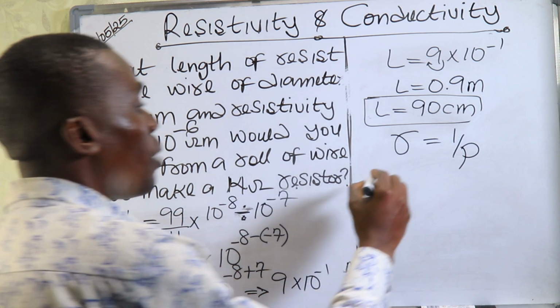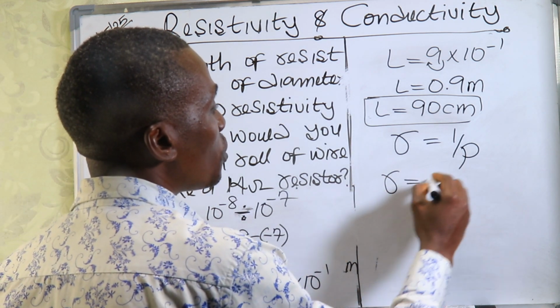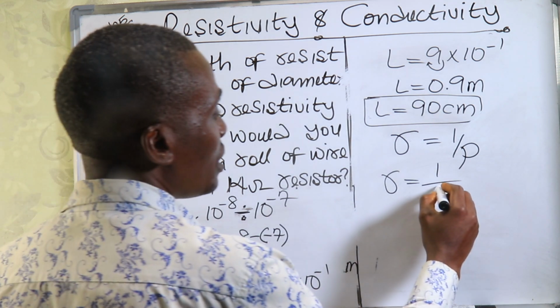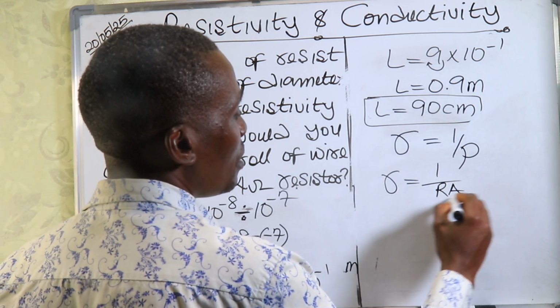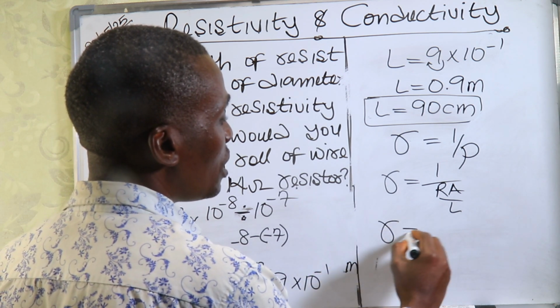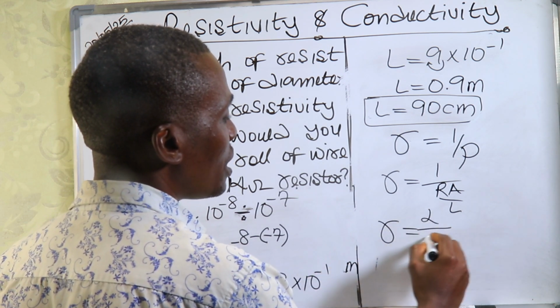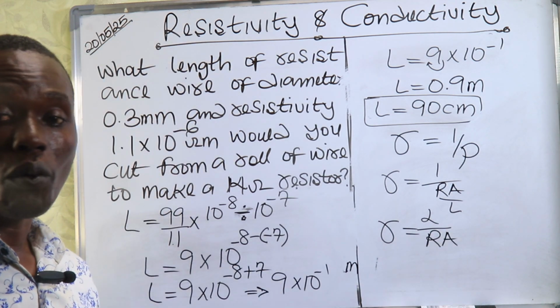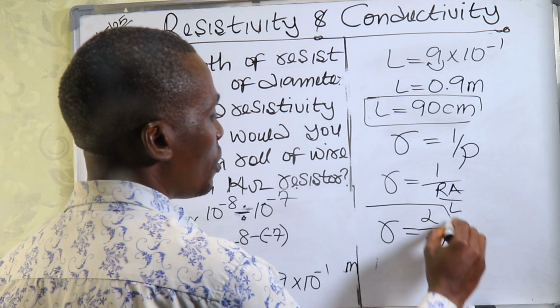You remember that resistivity is the resistance times the area divided by the length. So our conductivity will be equal to the length divided by our resistance times the A. And that is the formula for conductivity.